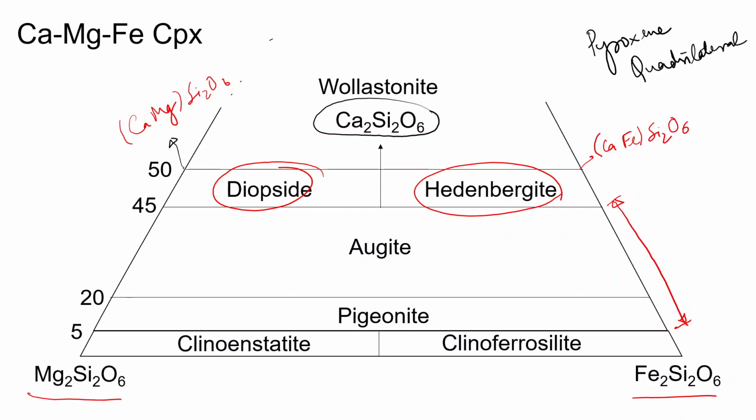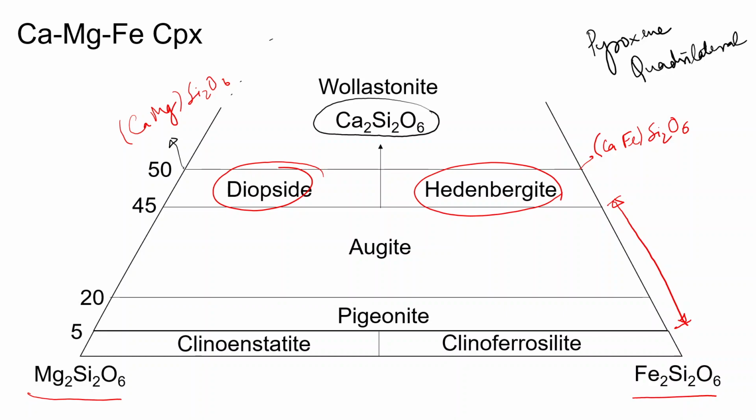Natural clinopyroxene can have any composition. You should listen to this very carefully. Natural clinopyroxene can have any composition between diopside and Heidenbergite, and they are often deficient in CaSiO3.